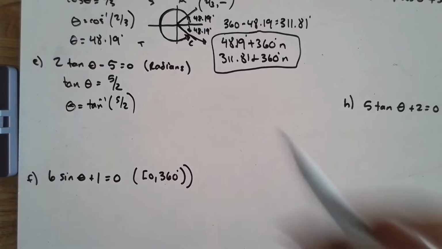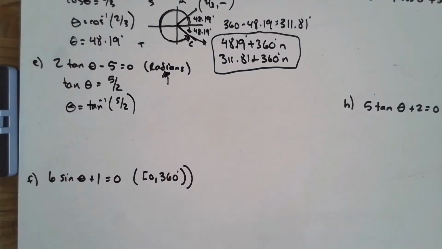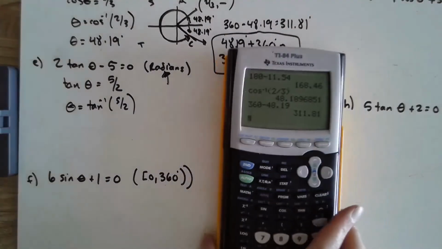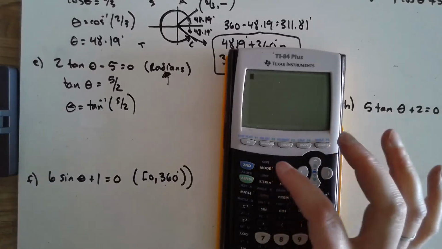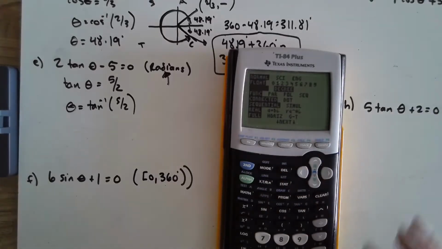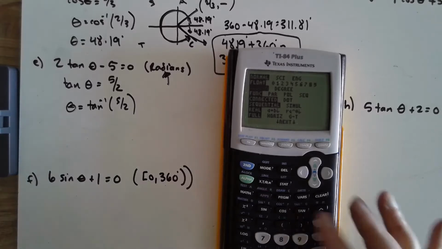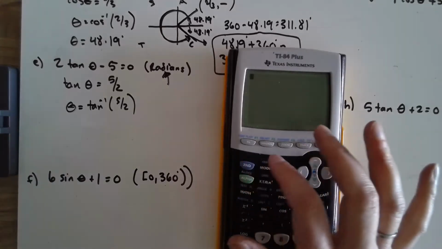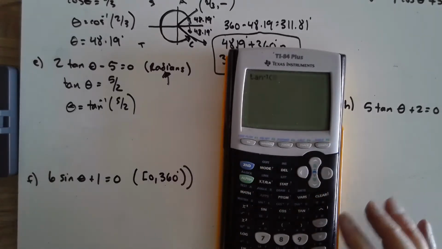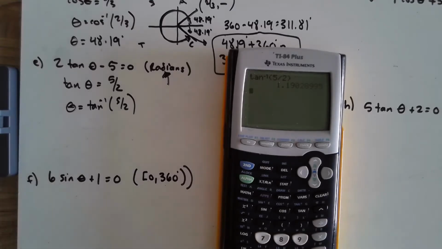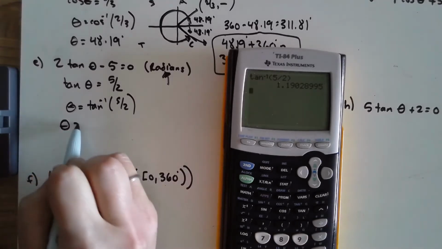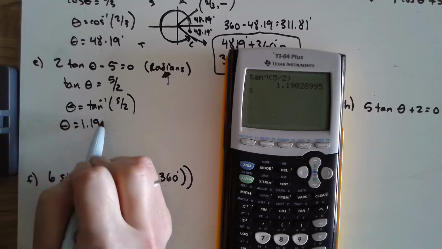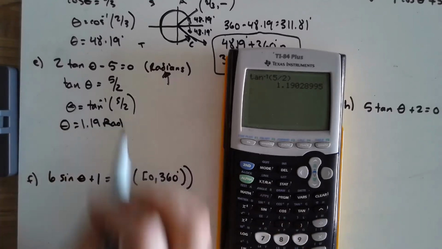Okay, this time it is radians. So when I grab my calculator, I'm going to go mode, change this to radians. Okay, so then when I go second tangent inverse, 5/2, I'm going to get theta equals 1.19 radians.